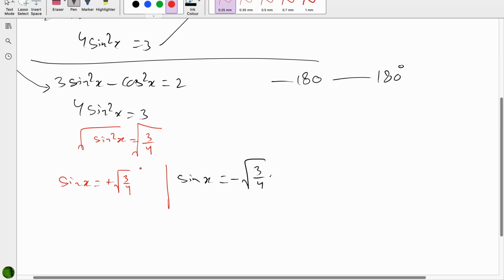Can you please use a calculator for me? I don't have it near me. And I find the basic angle, that is sine inverse. Make sure the calculator is in degrees mode. Sine inverse square root 3 by 4.